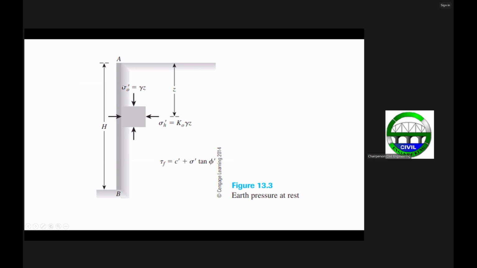But the overburden stress, as we have learned in our previous lectures, is just equal to the unit weight of the soil multiplied by the depth of the soil element. So this may be a dry unit weight or a moist unit weight, or it can be an effective unit weight if the soil is below the groundwater table.